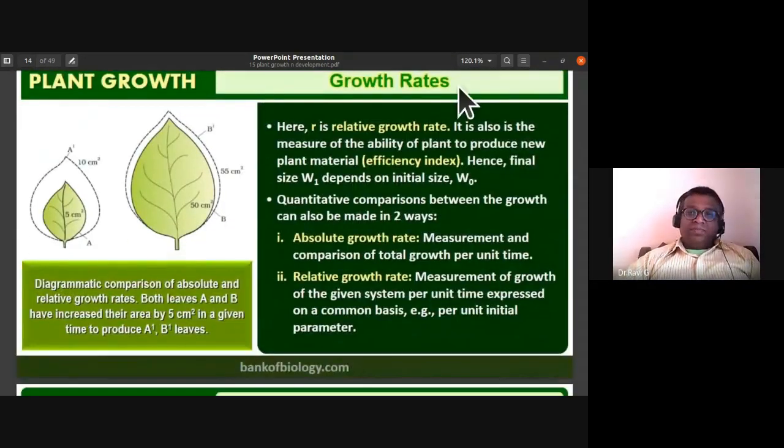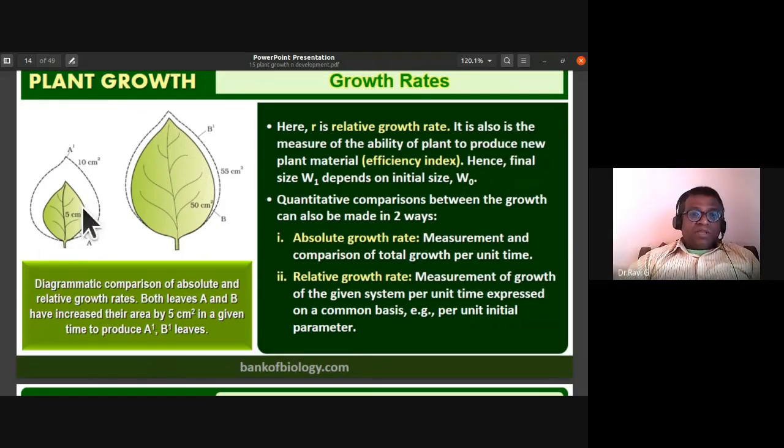Now growth rates, we use that R. R is the growth rate we set. Okay. So here, let us take an example in the slide. This is even given in your book. So, diagrammatic comparison of absolute and relative growth rates. See, both the leaves A and B have increased their area by 5 centimeter square in a given time to produce A1, B1 leaves.